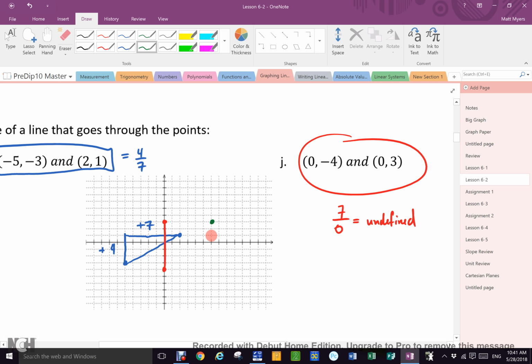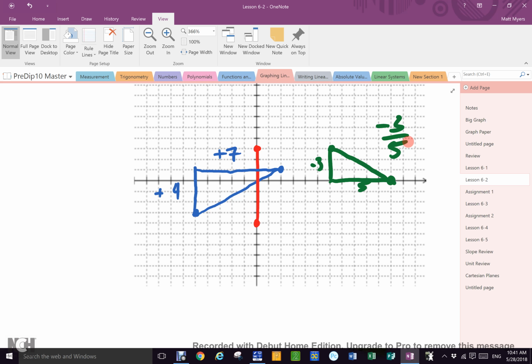If I need to zoom in more, I can. -3 over +5, giving me a slope of -3/5. Can everybody find the slope on a graph? Going once, going twice, going thrice. Every single one of you can count. Yes? Good. Turn the page over.